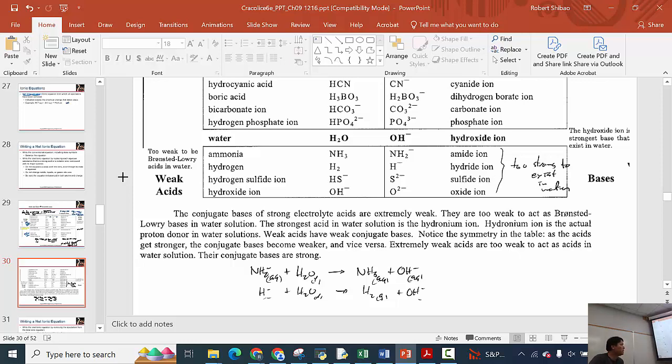So what it means to be too strong to exist in water is that it reacts with water completely. And so this is called base hydrolysis. Base hydrolysis produces hydroxide.